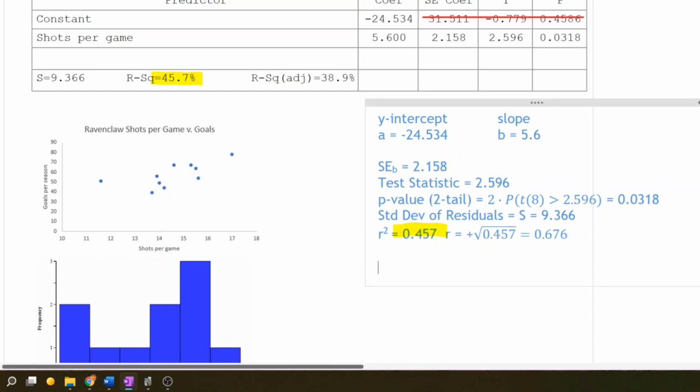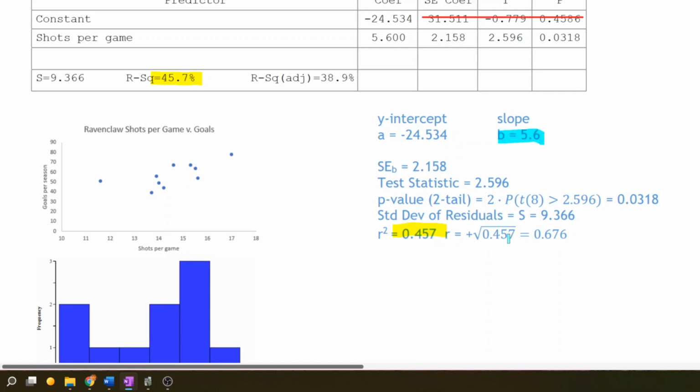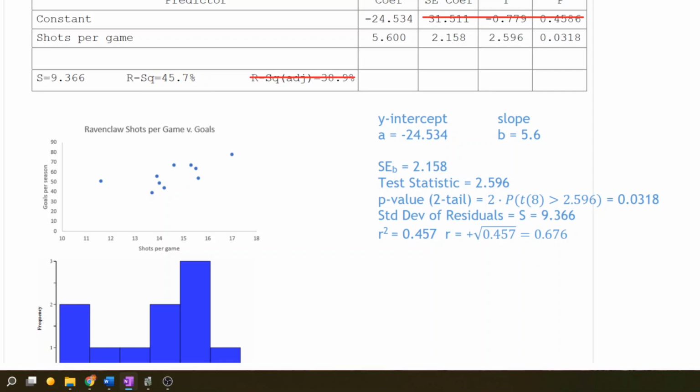Furthermore, since I already know that the value of B right over here is positive, that's a positive 5.6, we know that the value of R is going to be equal to the positive square root of 0.457, which is 0.676. Lastly, we get R squared adjusted, which is 38.9%. We don't actually use that number in AP Statistics, so you can just go ahead and put a line through it. All the other numbers we're going to be using, hopefully.